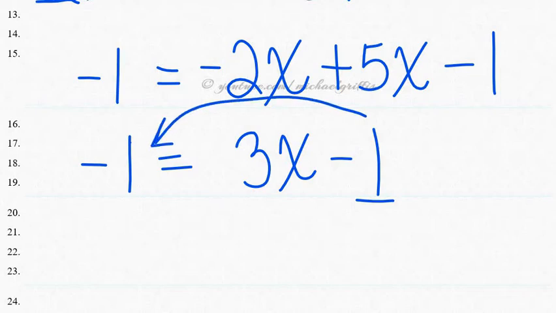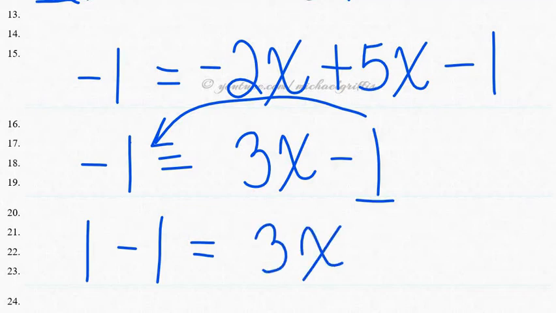And to do that, we just add 1 to both sides. So this becomes positive 1 minus 1 is equal to 3x. We're just adding 1 to both sides. I think of it as just taking it to the other side.